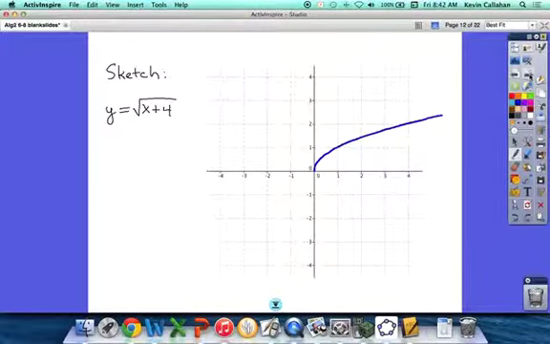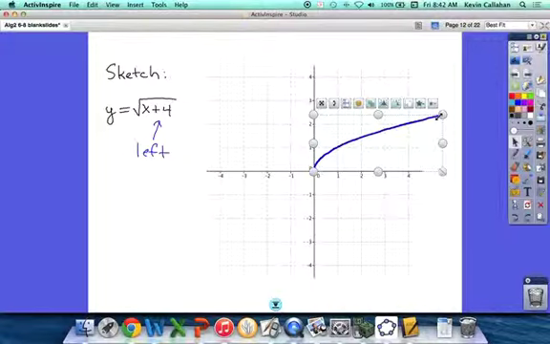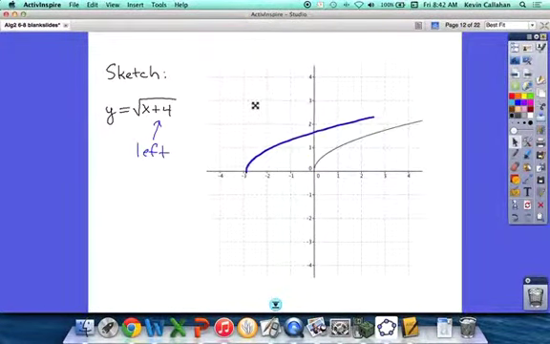Okay, now, how are we going to shift that graph? Left 4, right? Plus inside means left. So left 4 makes it right about there.